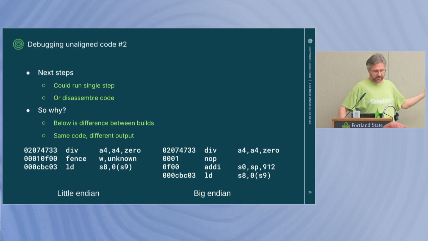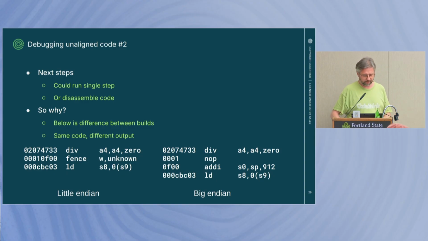Left is little-endian and big-endian is on the right. On the little-endian side, it does a fence and then a load. On the right side, we get a NOP and an add with S0 stack pointer 912.